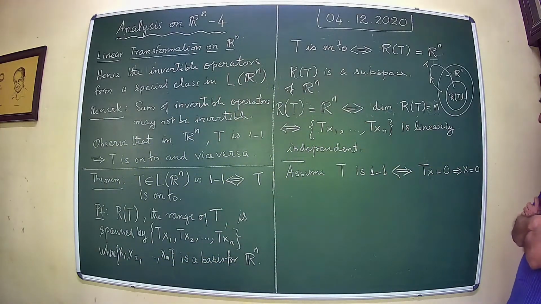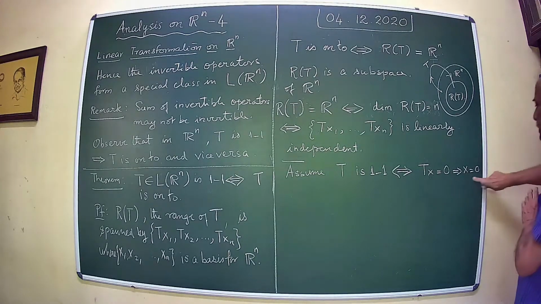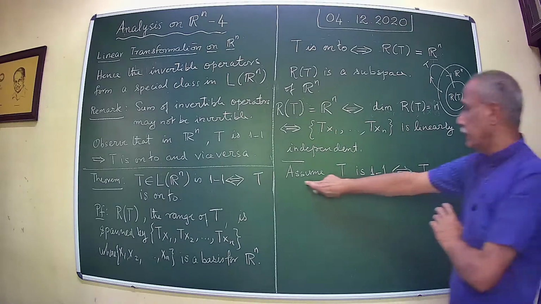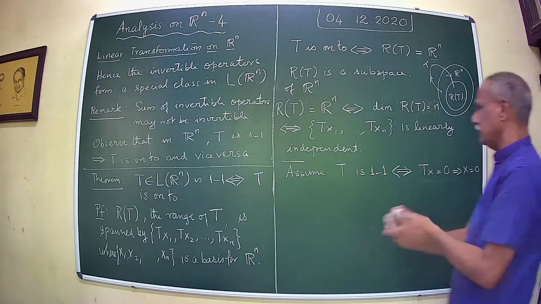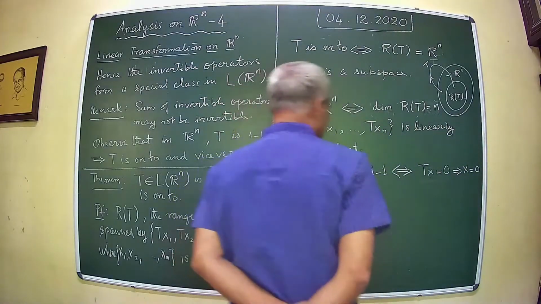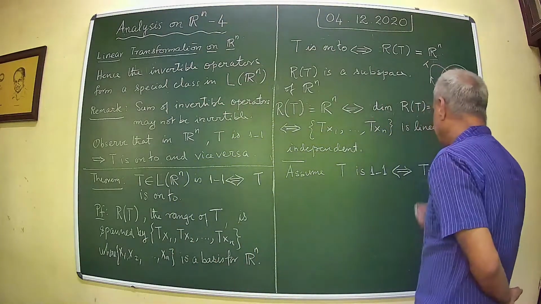Right. Therefore, it is enough to use this to conclude that T is one to one. And if you want, you can give a very quick proof of this. That's all. Now let us see this.